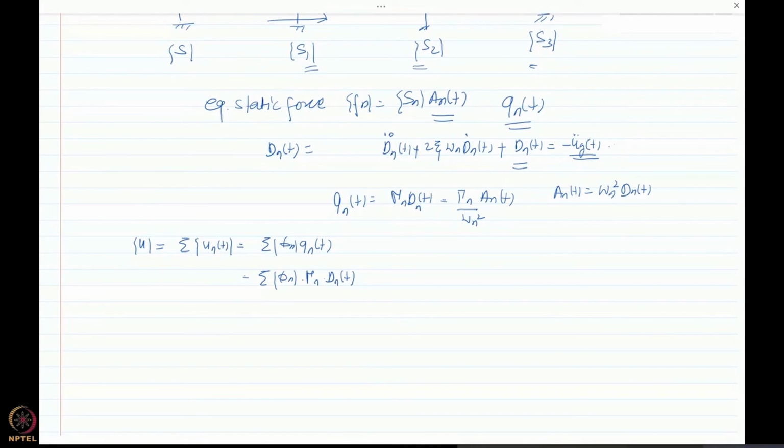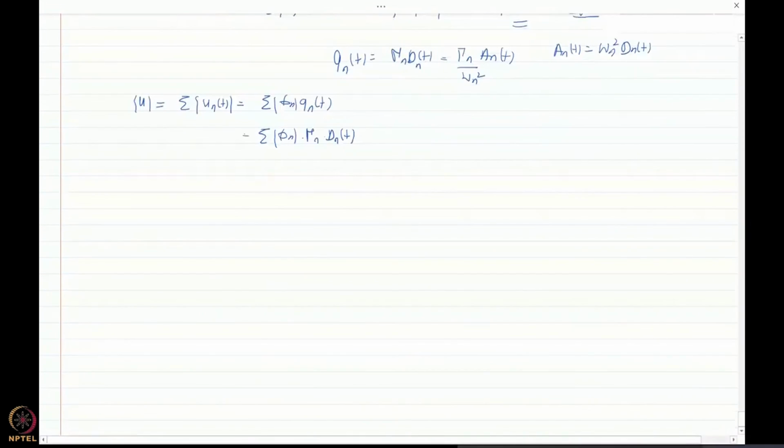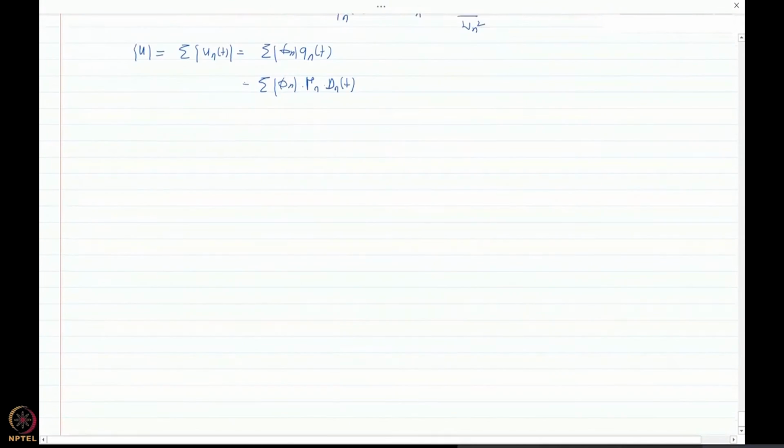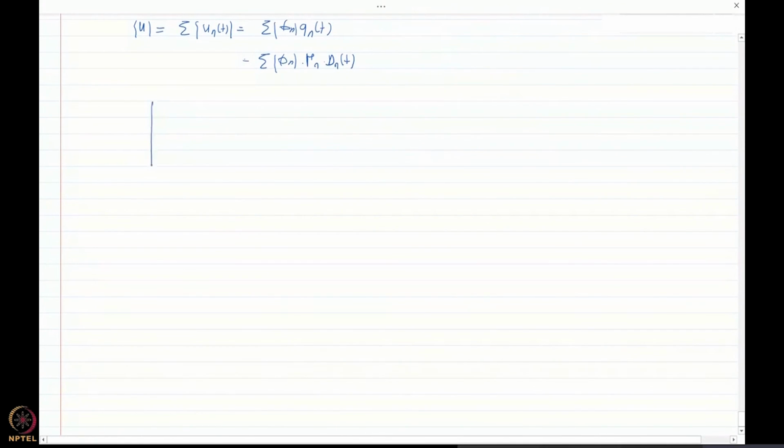Now for the ground motion, Dn(t) is not that easy to find, because for ground motion, what do we do? We do response spectrum analysis. So now let me give you the response spectrum. Okay, your response spectrum or a design spectrum is a very simple spectrum, which is this. Okay, so I'm drawing it here. This is the pseudo acceleration in units of g, so everything is given in terms of g.